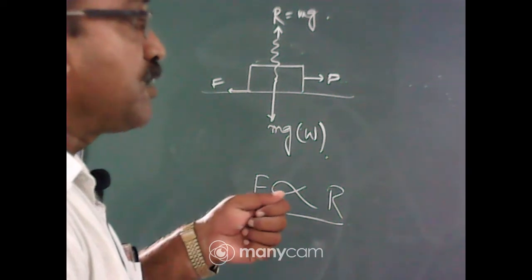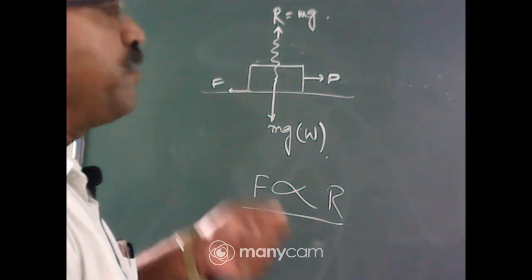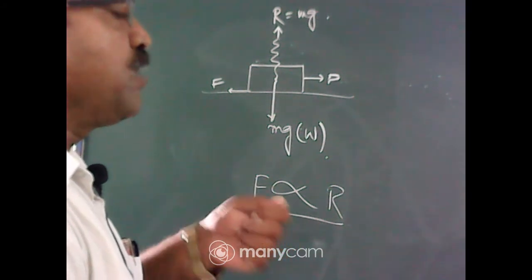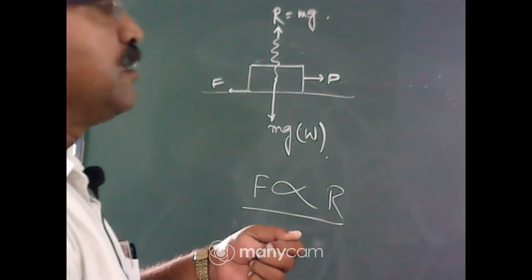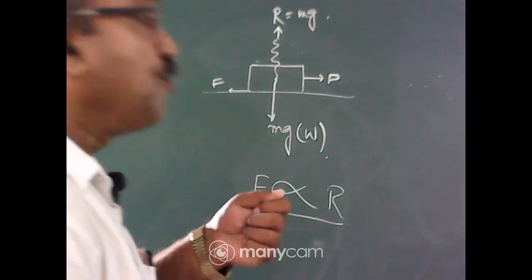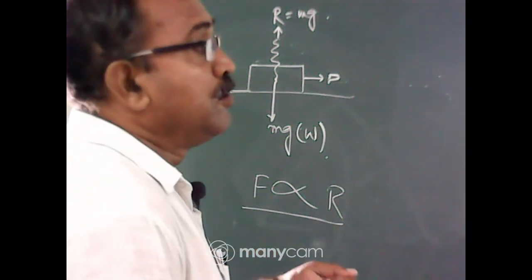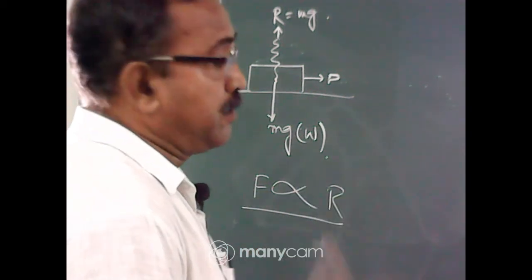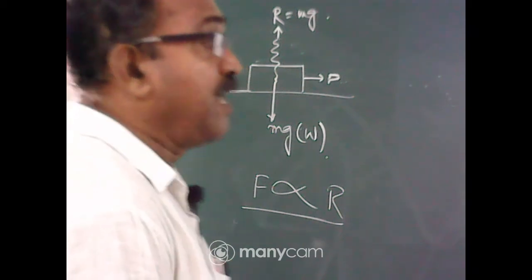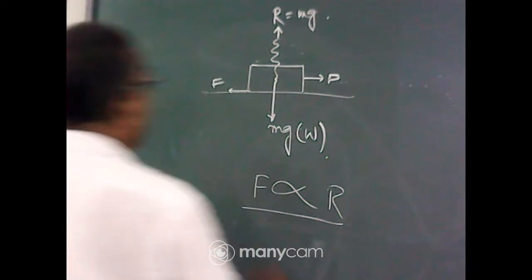If you try to move the object, a force is created automatically opposite to the direction of motion. That opposition to the motion of the object is called the frictional force.